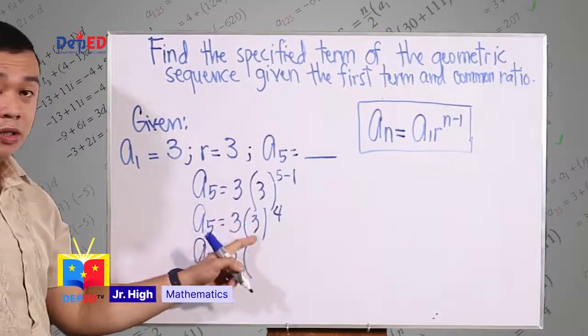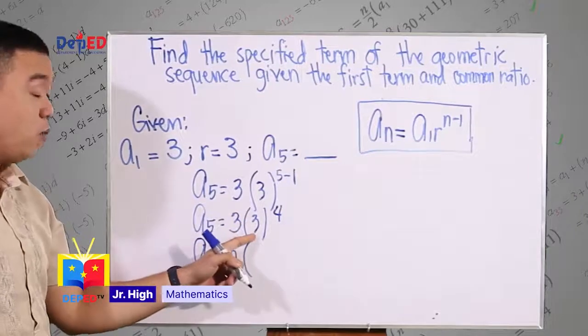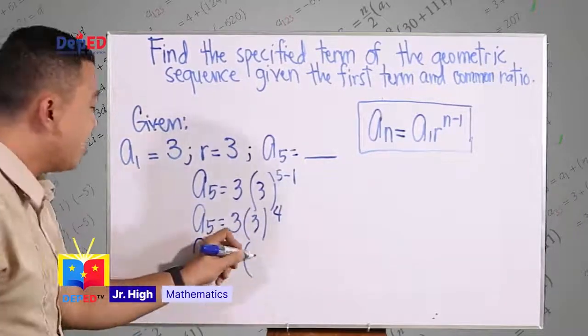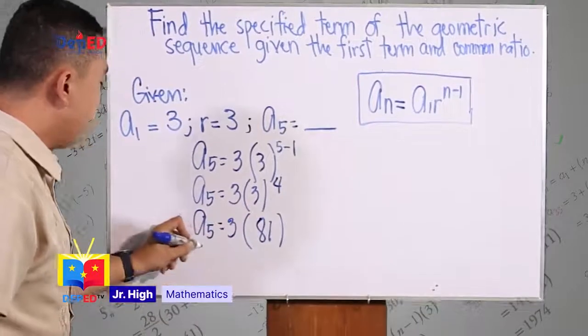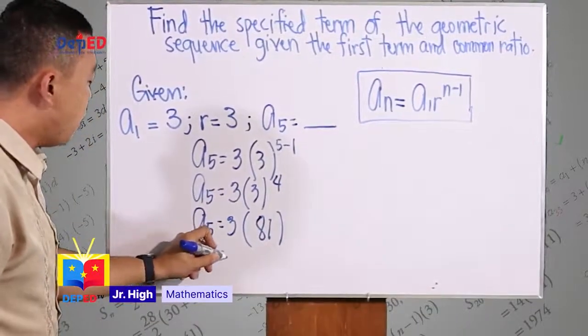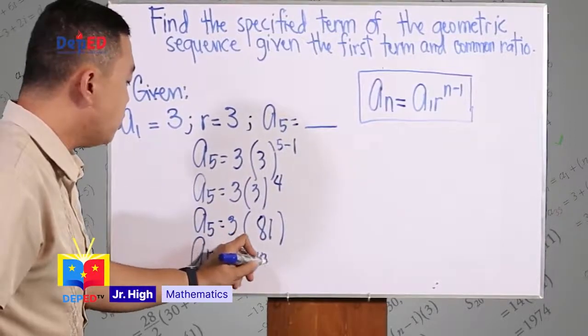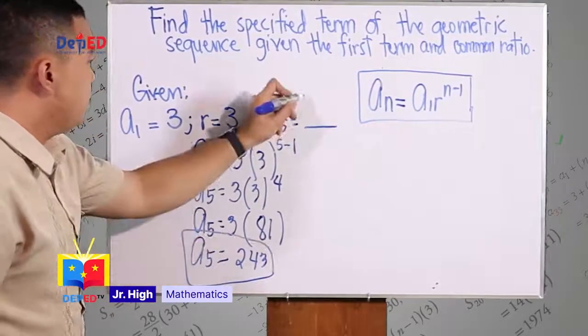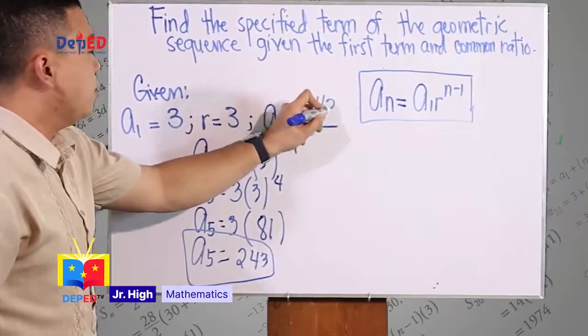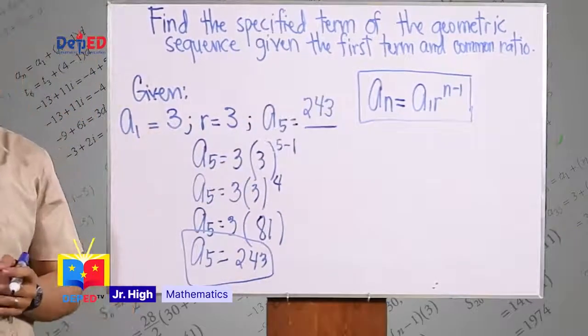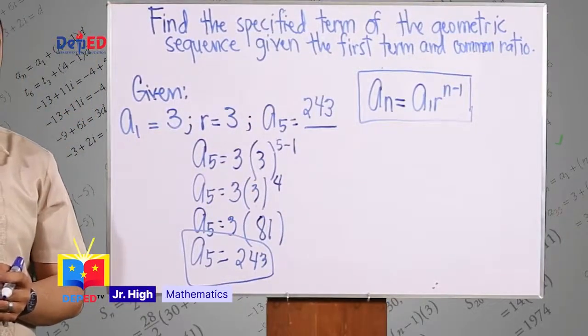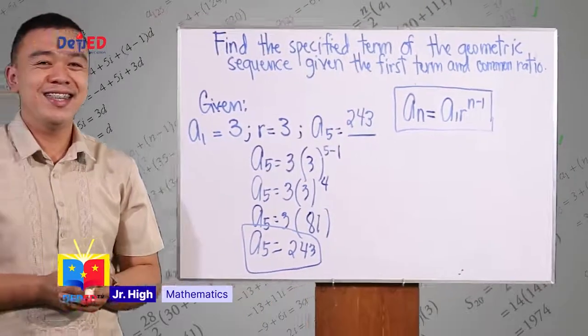That's 3 times 3 times 3 times 3 will give us, correct, 81. A sub 5 is equal to the product of 3 and 81 will give us 243. Thus, the fifth term of the sequence is equal to 243.